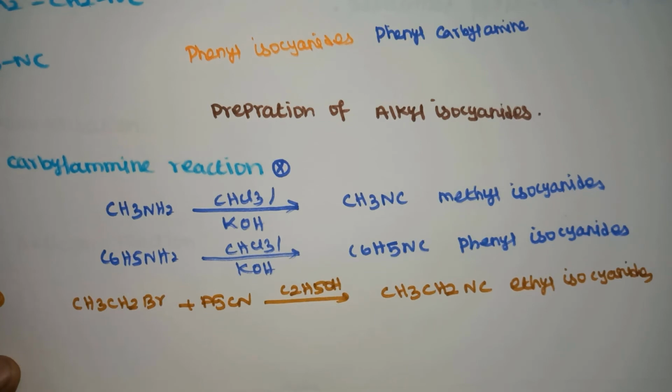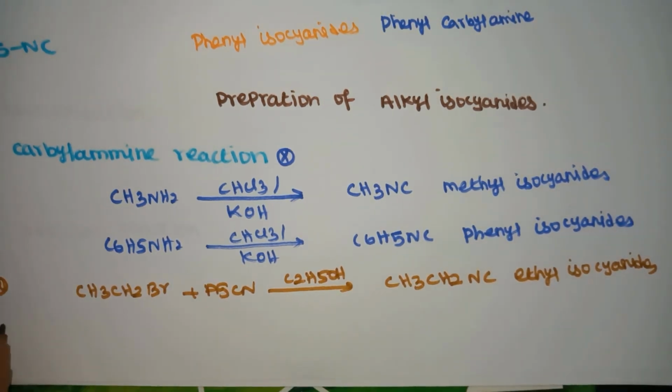So, second method from alkyl halide: ethyl bromide reacts with silver cyanide in alcoholic solution to form ethyl isocyanide.